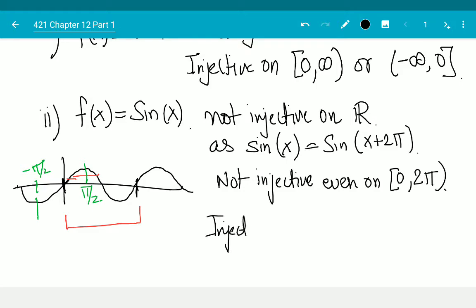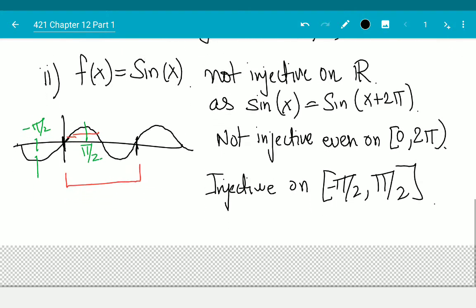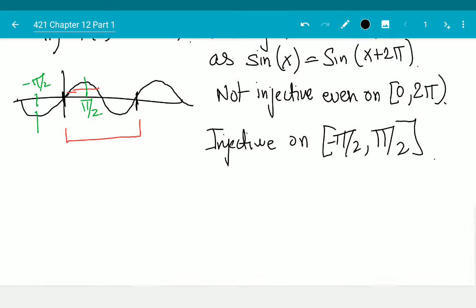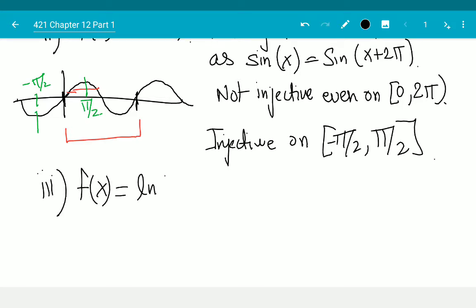Injective on negative pi over 2 to pi over 2. Or you could have taken pi over 2 to 3 pi over 2, whatever you want. One of these two would work. I'll let you work out what to do for f(x) = log of x.